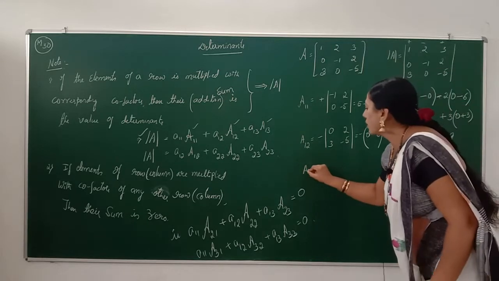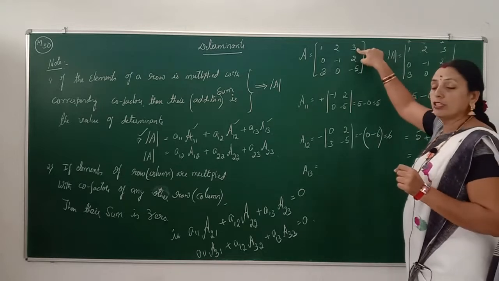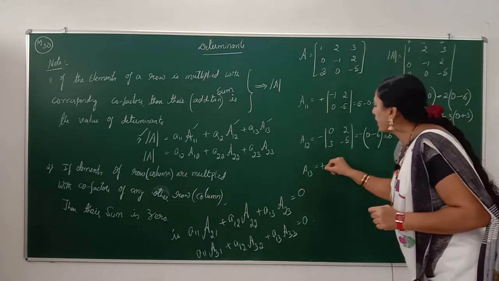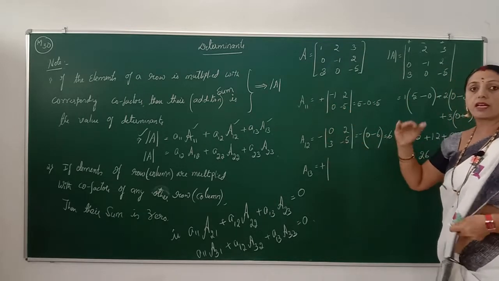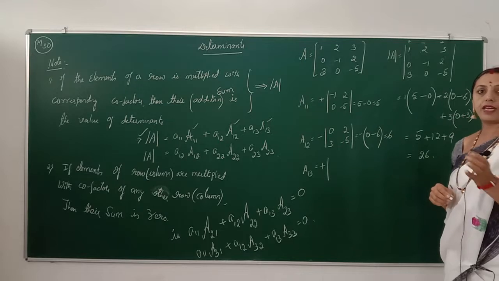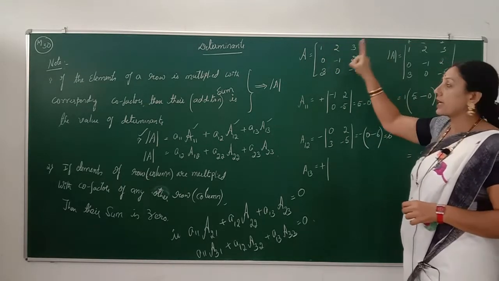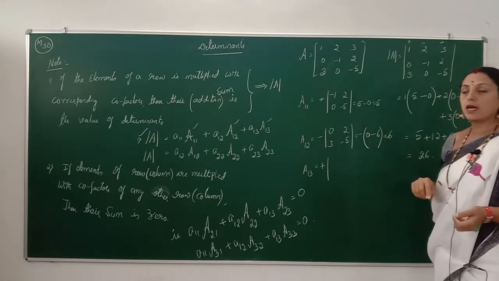Then A13, called the cofactor of the third element of the first row. Again it is multiplied with plus. These are the symbols of the corresponding elements of the determinant: the first row is plus minus plus, the second row is minus plus minus, and the third row is plus minus plus.